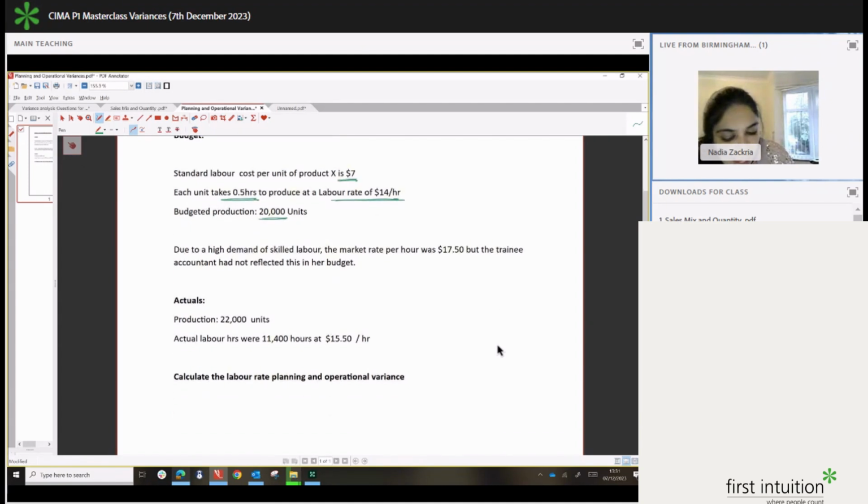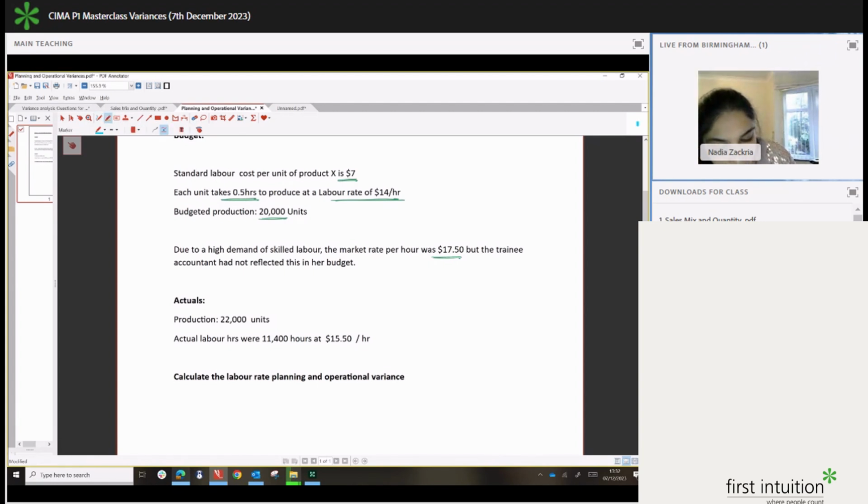Due to a high demand of skilled labor, the market rate per hour has gone up to $17.50, but the trainee accountant has not reflected this in her budget. Is this to do with something that is within the manager's control, or is it uncontrollable? Who are we talking about?